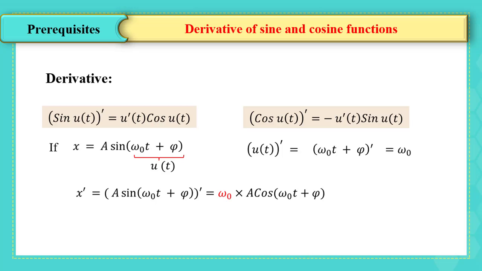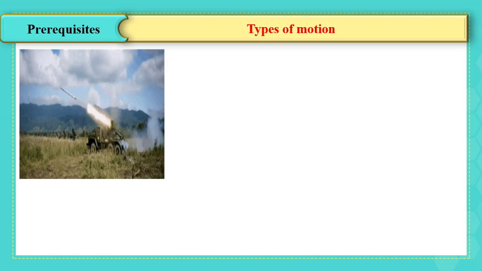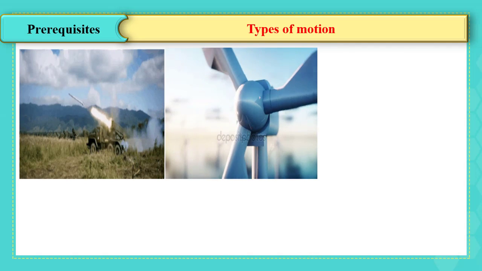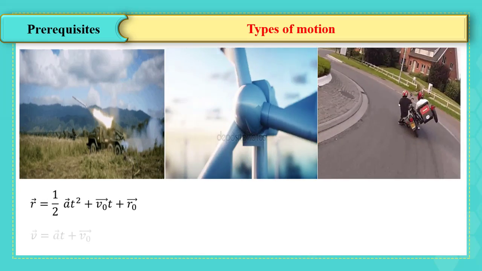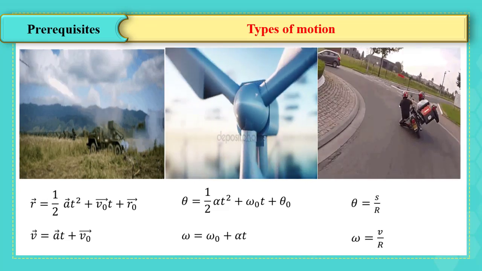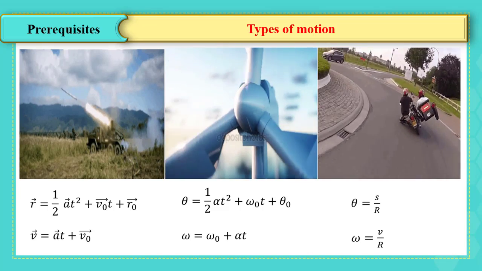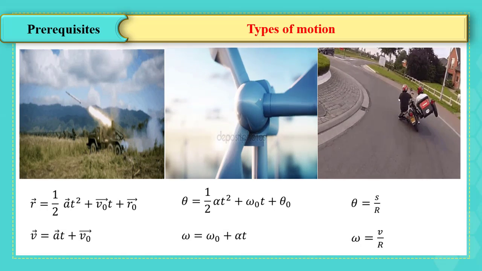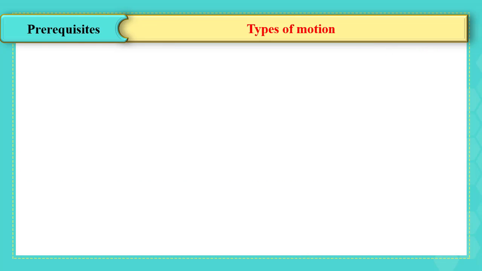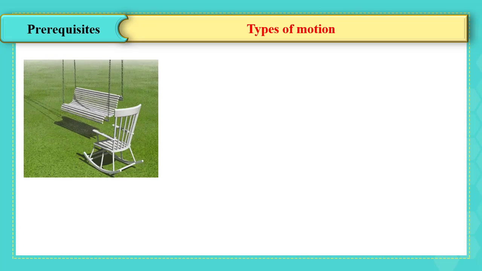In the previous years, we used to study three types of motions: rectilinear motion, rotational motion, and curvilinear motion, and we used to study their time equations for position and velocity. Have you heard of other types of motion? Let's think together. A swing pushed then left on its own moves to and fro.